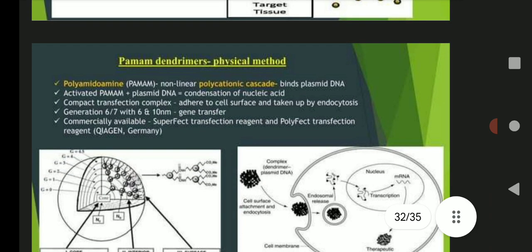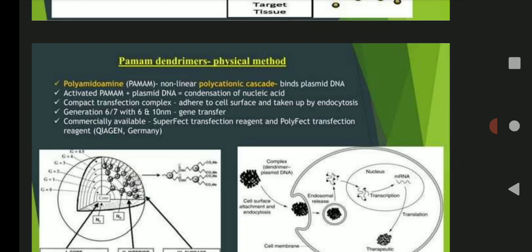Another one is the polyamino domain. Dendrimers are utilized as a physical method. These polycationic cascades bind with our DNA of interest, and they undergo transfection by addition to the cell surface.